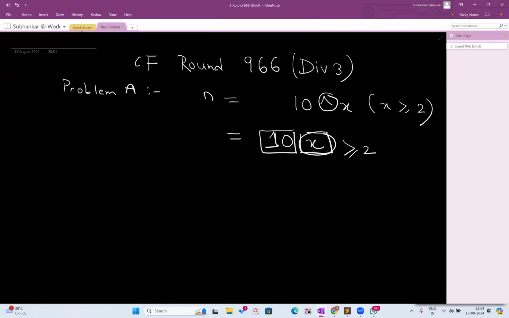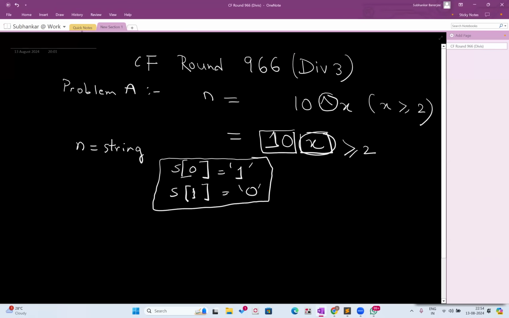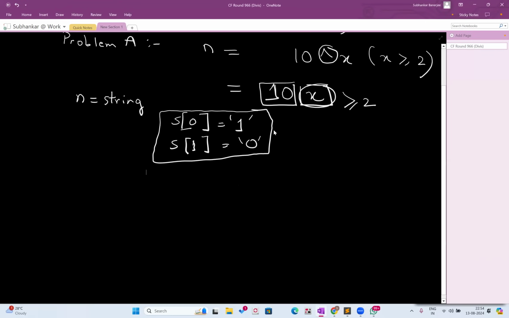The way we should approach this problem, I think it will be better to consider n as a string, because we can easily check it if n is taken as input as a string. Then s0 should be equal to 1 and s1 should be equal to 0. This is the first condition, because the starting two letters of that string should be 1 and 0, since the number is of the form 10 raised to power x.